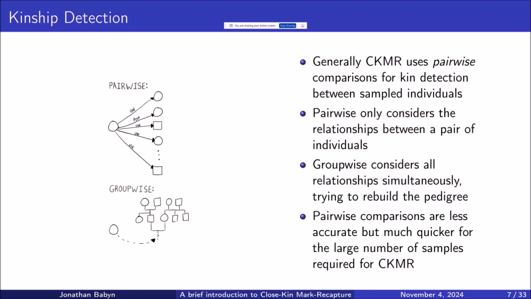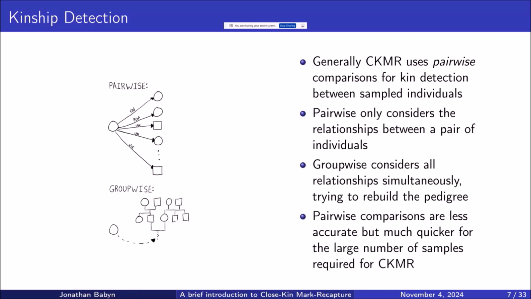There's another approach, which is called groupwise, which considers all relationships simultaneously. You can think about it as trying to rebuild the pedigree or the family tree that exists. Pairwise comparisons can be less accurate, and you can run into issues like potentially identifying two fish as being the mother of one sample, which is obviously not possible.